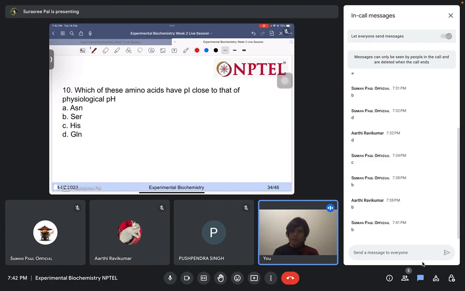Which of these amino acids has a pI close to physiological pH? Think about the properties of these amino acids which are given in the options. The first one is asparagine, next is serine, the third one is histidine, and the fourth one is glutamine.